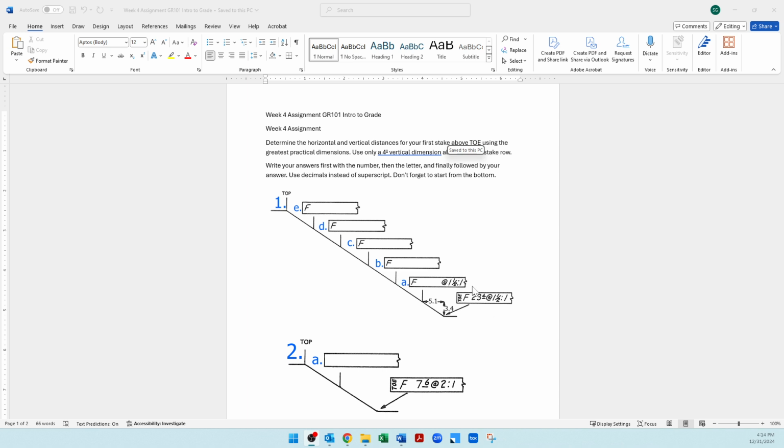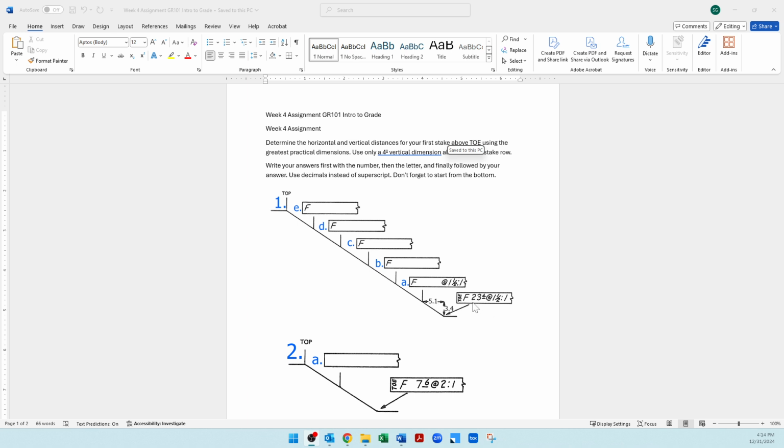There's no way I can divide 4 into that and come up with 4s all the way. What I want is the height from this stake over to here to be 4, 4, 4, 4, and 4. That makes all of my stakes come out even except for the first stake above toe. It's going to be an oddball.